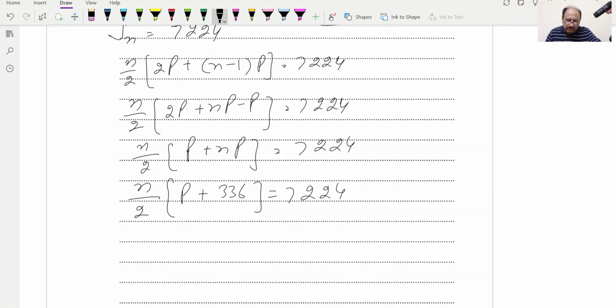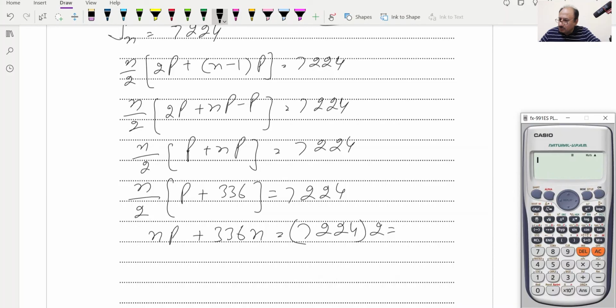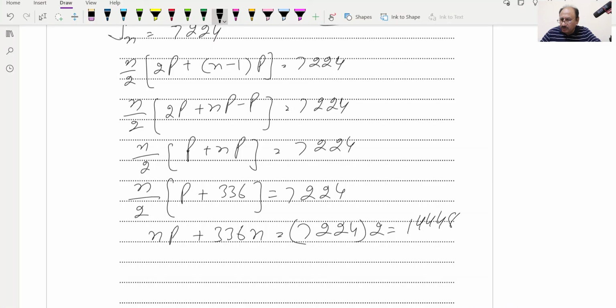We can basically shift this 2 first, so it will be np plus 336, n is equal to 7224, multiplied by 2, and this will be equal to 2 into 7224, which is 14448.